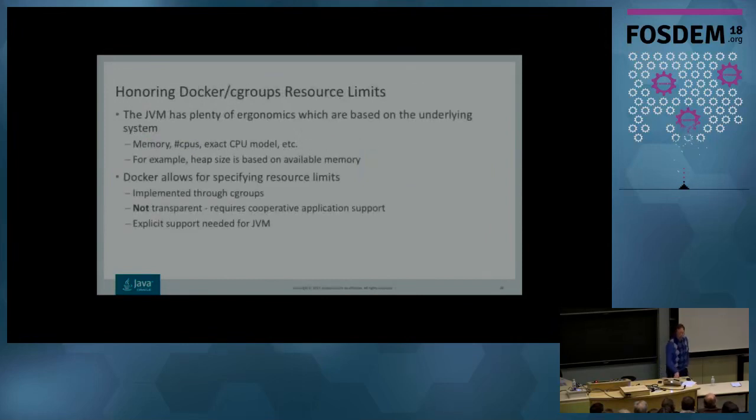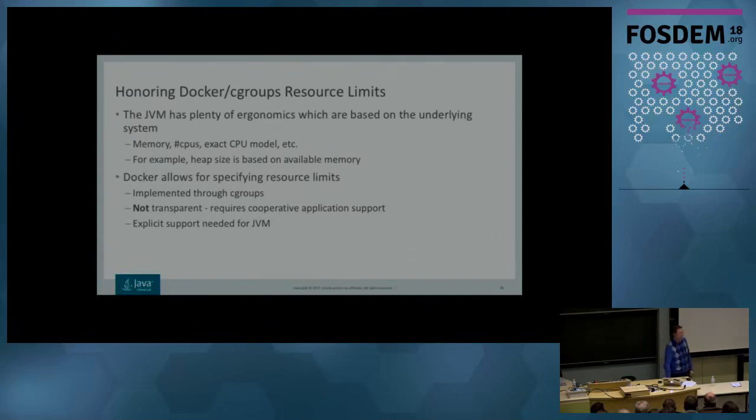The last part we're going to talk about is how we are adding support in the JDK for honoring the limits that you can set when you create and configure Docker containers. The JVM, as you all know, has a bunch of different ergonomics inside of it. It looks at the environment where it's running and tries to size things correctly: the heap size, the number of threads, how pools are set up, and so on.